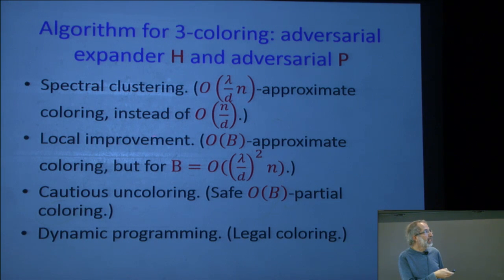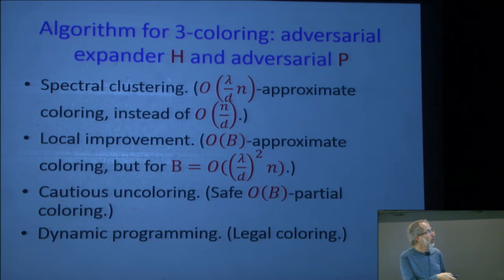Then in the local improvement step, you do reduce the fraction of badly colored vertices, but not as well as before, not exponentially small in D, but only this much. The cautious uncoloring, again, leaves roughly this fraction of vertices uncolored, and then you do the dynamic programming.